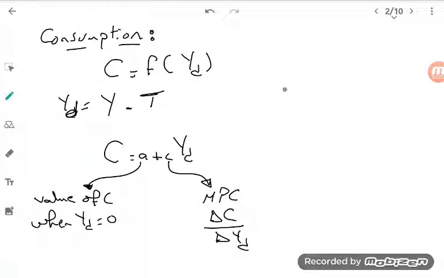And then we illustrate this graphically as the consumption function.